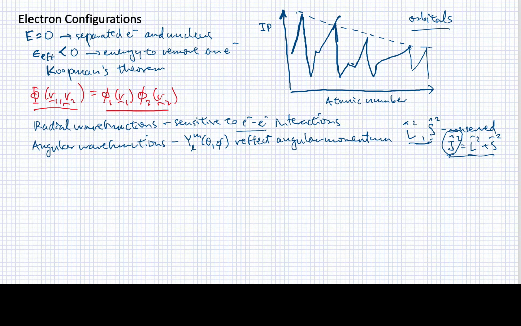So it gives us a handle on the angular part of the wave functions for these multi-electron atoms. Now remember that the Pauli exclusion principle basically tells us that each orbital can only hold 2 electrons.